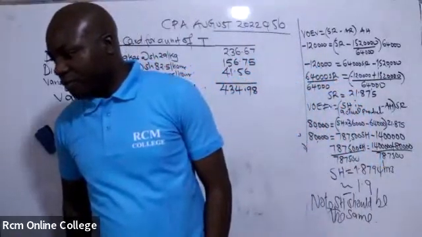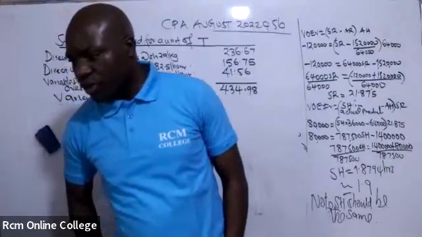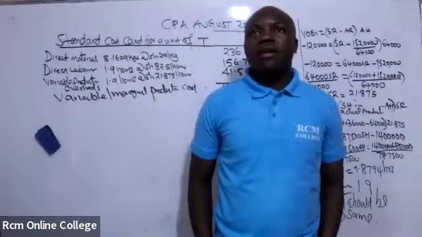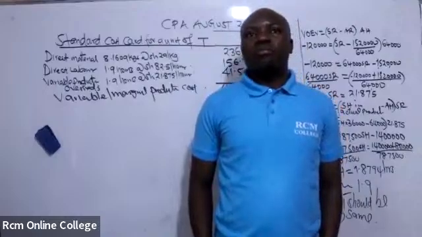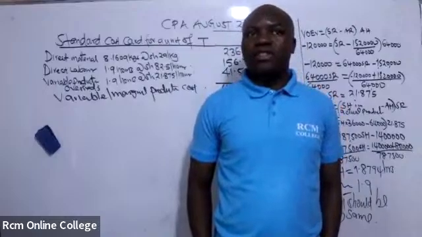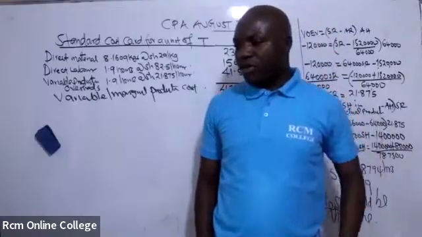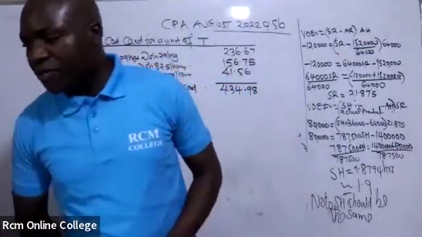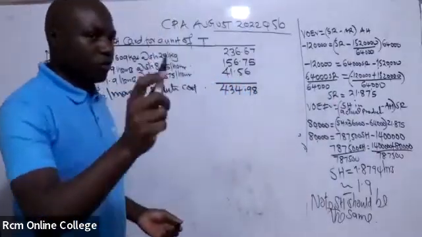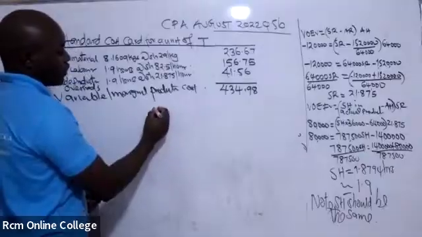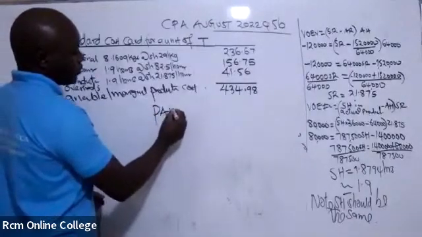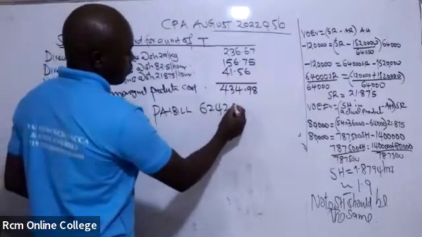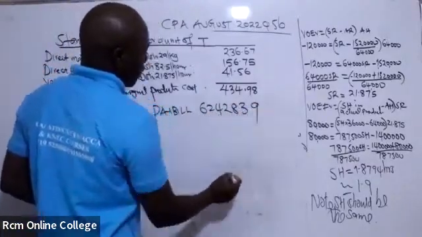1K is enough. So what I do for the other units, of course, currently the college is charging around 2,500. Let me take it this way. Please, for the management accounting student, this is the offer you are having. You'll be charged 1,500 for us to be able to revise that mock. So this is the pay below: 62 42 839.